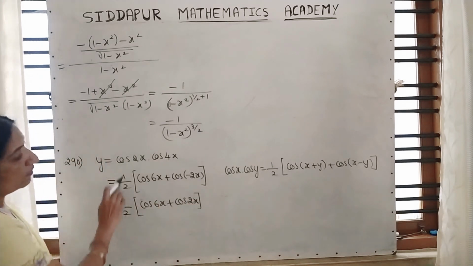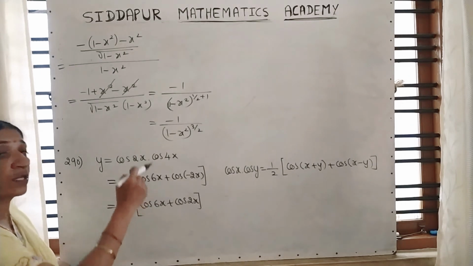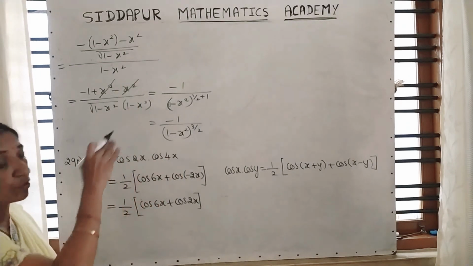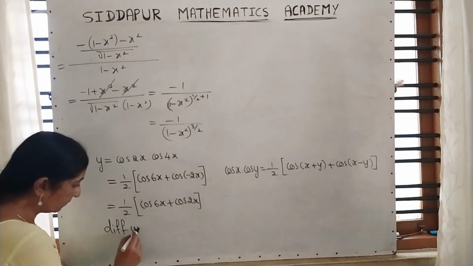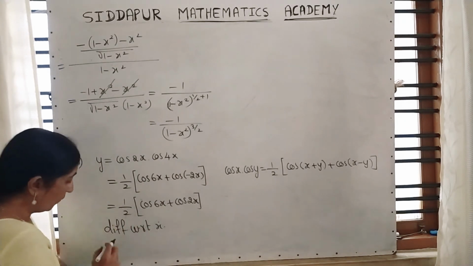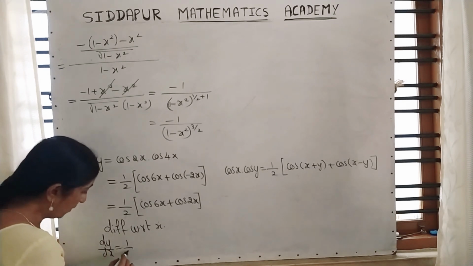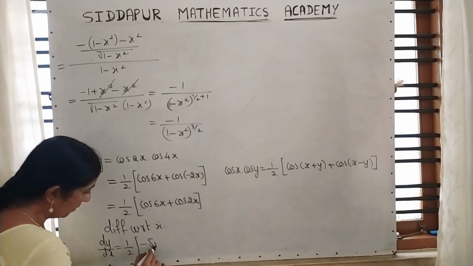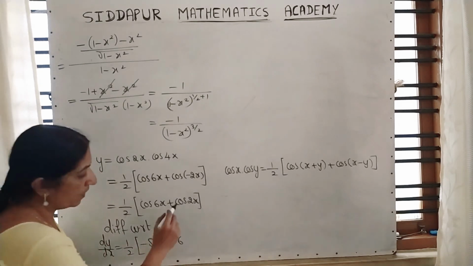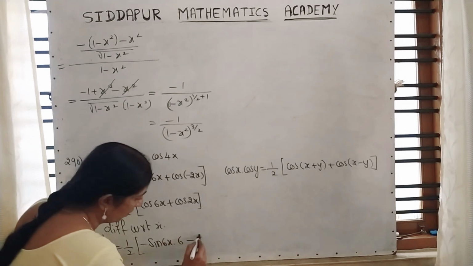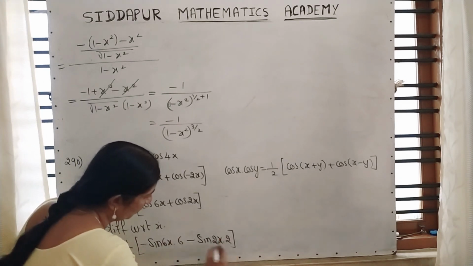Yes. If you apply u into v, that is correct. In the first answer u into v, again you will get the answer, but u into v gives you a lengthy process. Now differentiate this. What is differentiation of cos 6x? Minus sin 6x into 6. Have you remembered chain rule? And differentiation of cos 2x is minus sin 2x into 2.